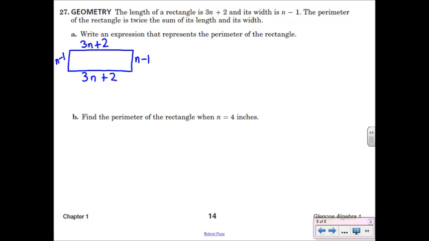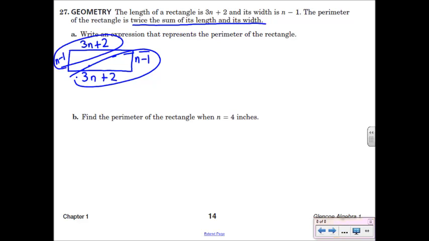So when it says it's twice the sum of its length and its width, well, if I add these two together, I have another one that matches it, so that's why it's twice the sum of its length and width.